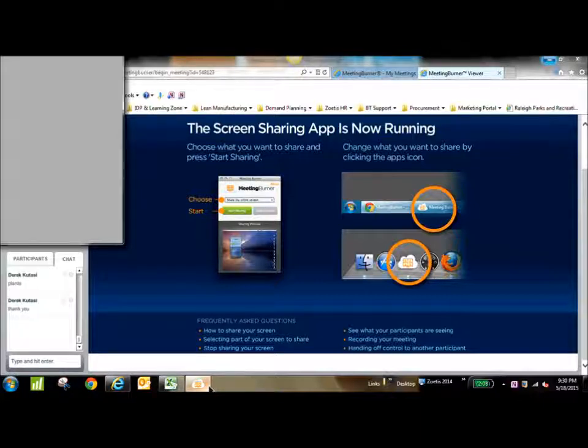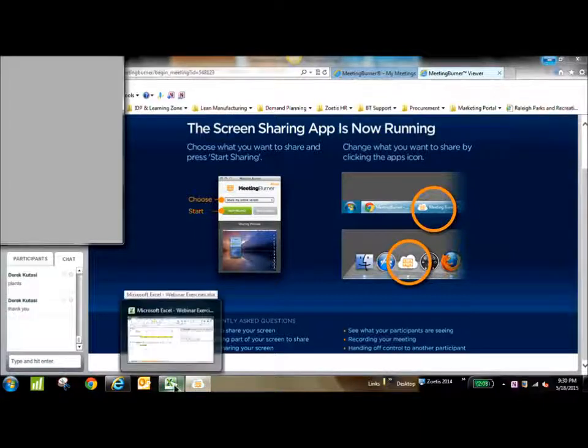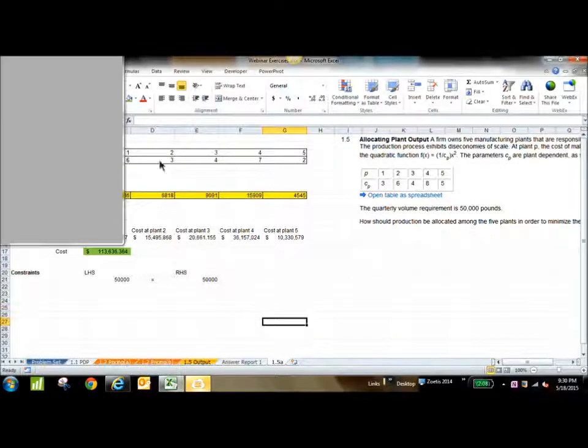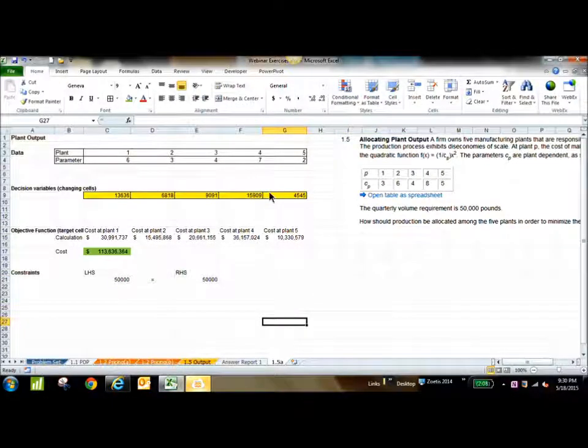But in this sense, if you say this is the cheapest plant, which plant got the most pounds of solvent to produce? This plant right here. Plant 4 got 15,000, where the lowest amount gets produced in plant 5, 4,545.